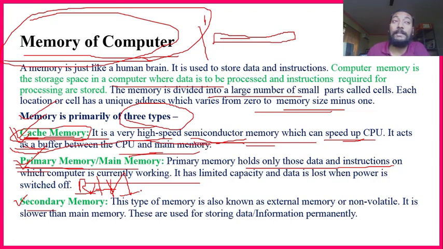Ten years back, 2 GB RAM was very high. As generations grow, modifications take place, and RAM also changes. If I tell you my mobile has 2 GB RAM, 10 years back it meant a very high quality mobile.